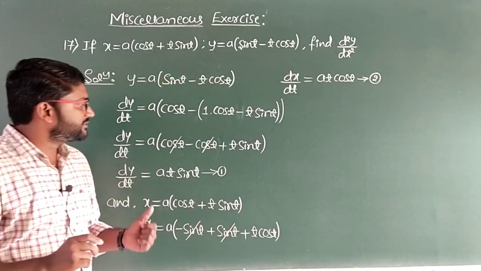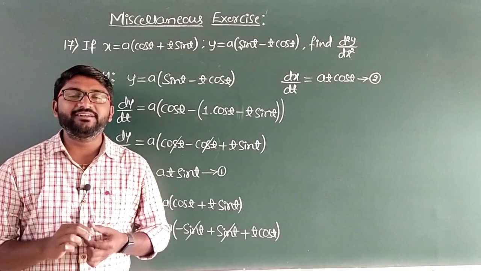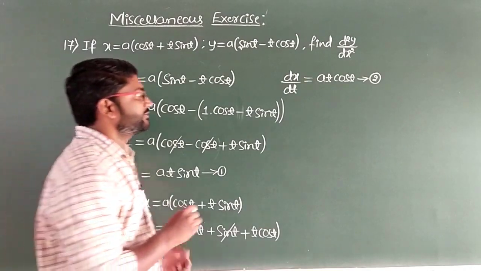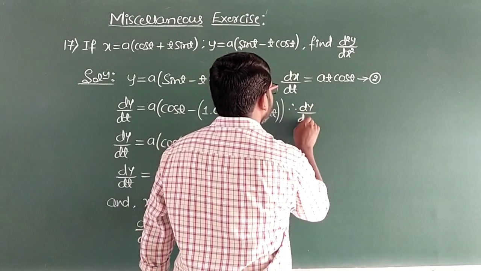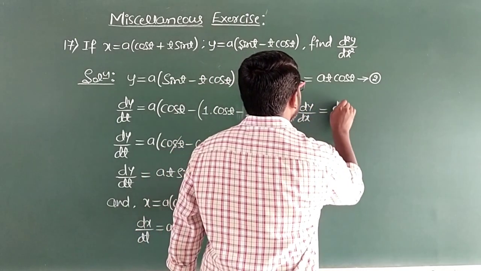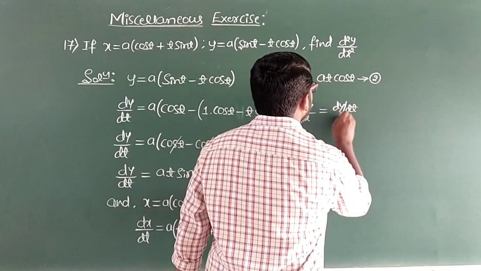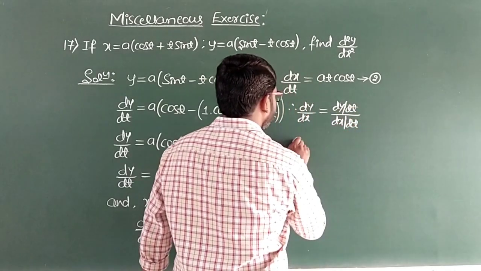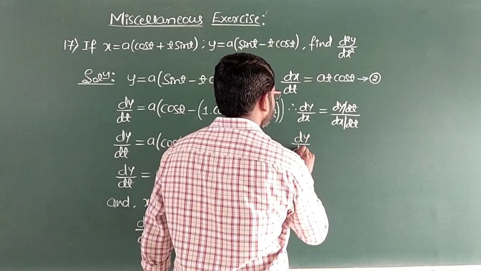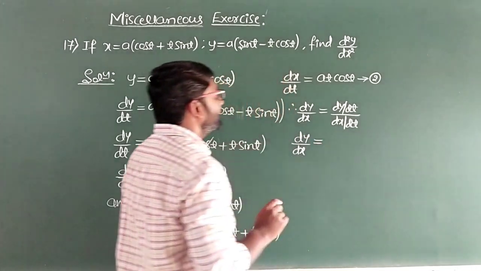Now we will have to substitute equation 1 and equation 2 in dy by dx. Therefore, dy by dx is equal to dy by dt whole divided by dx by dt. So dy by dx equals, what is dy by dt now?